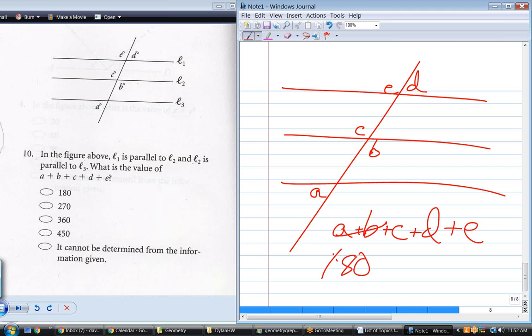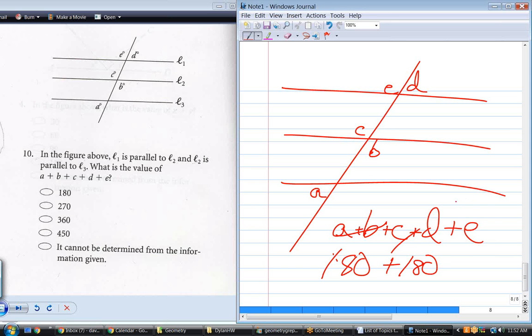What is C plus D equal to? C plus D is also 180. And then D plus E would be 180 as well.